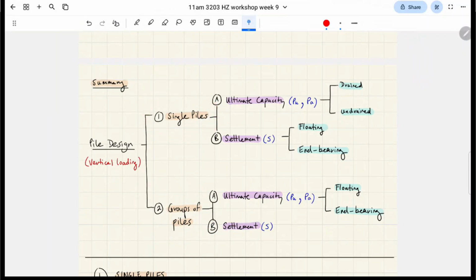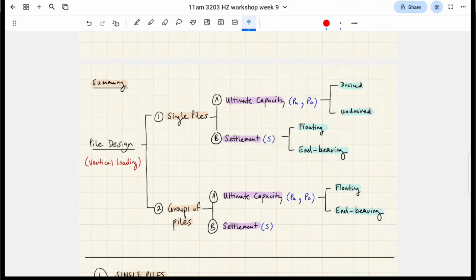So we're mainly looking at branch 1 there, single piles. We'll be designing for ultimate capacity, just like we've been doing for shallow foundations, and we'll be designing for settlement as well. The last little bit of the tree I've divided based on the equations you'll be using.